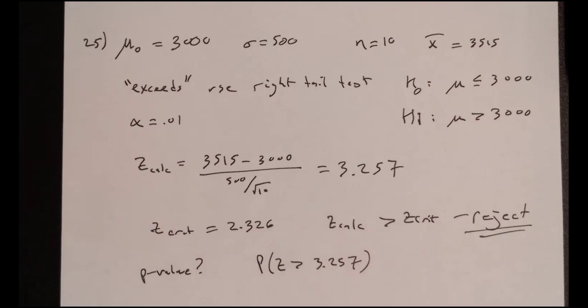If I do that on table C2 it shows me less than, right? And I'm looking at greater than. I want to look at that right tail.